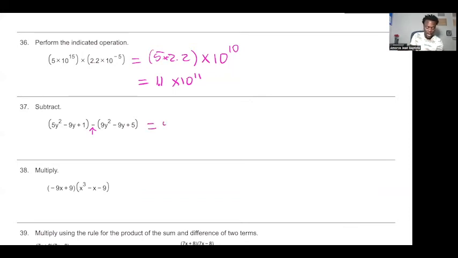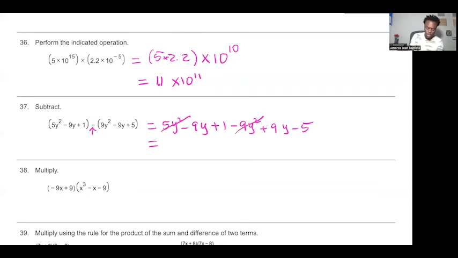So that's 5y squared minus 9y plus 1. And then the negative sign switches the sign of everything after. So that's negative 9y squared plus 9y and then minus 5. And then the next thing you do is to combine like terms. So we got 5y squared minus 9y squared.